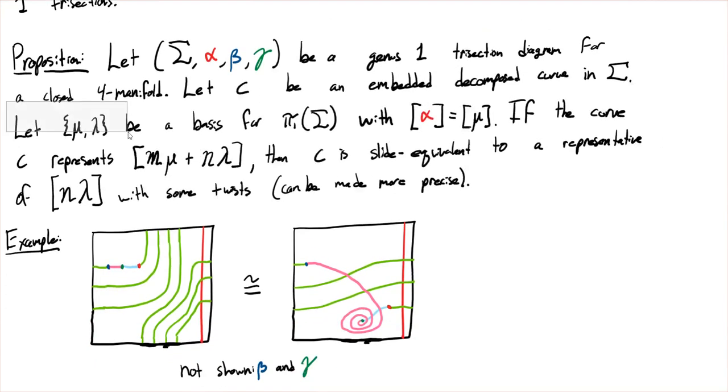Then, if mu, lambda is a basis for this torus, and alpha, one of our trisection curves, is the meridian for that torus, and if C represents some number of meridians and some number of longitudes, then what we're allowed to do, or what we demonstrate in our paper, is that you can slide C to remove all of the meridians from the curve, so that now it will end up being an immersed curve, because n longitudes in a torus is never going to be an embedded curve.